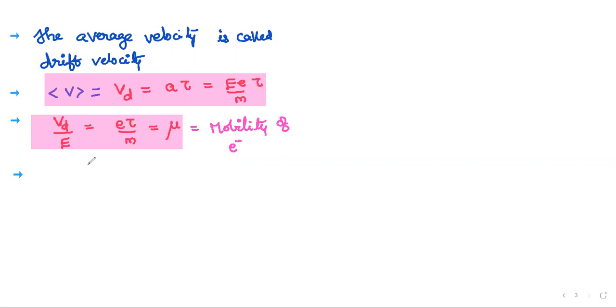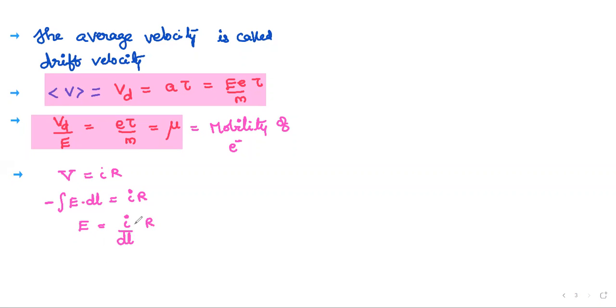Here, what we got is that potential difference is equal to I times R. And generally potential difference we write as minus integral E dot dl, that is equal to I times R. So this is nothing but E equals I upon dl times R.